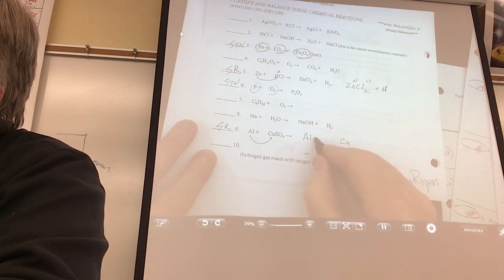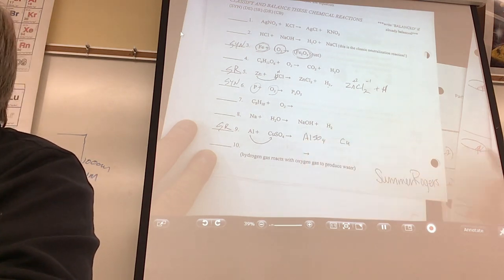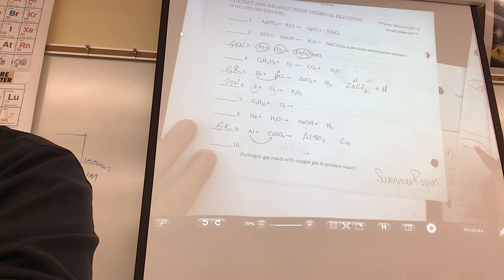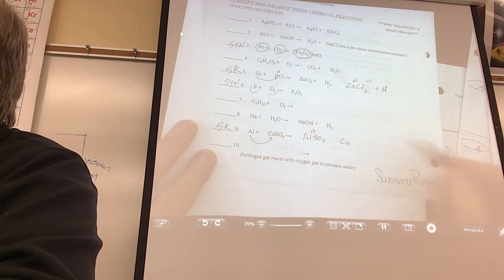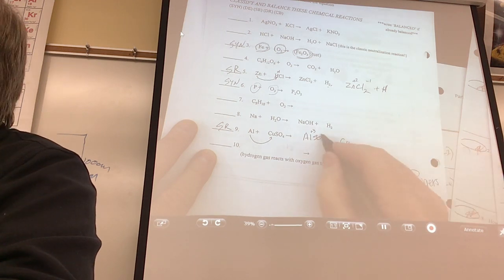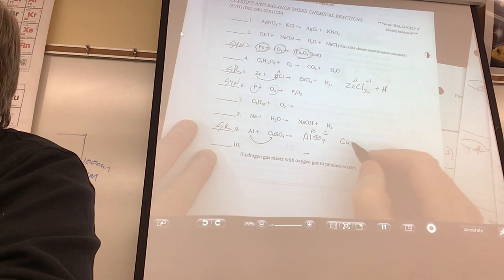And what's the other thing? Aluminum sulfate. Okay, is it like that? If it was, everybody in the world would be a chemist. And everybody would have gotten a great grade on the last test. Is this how you make aluminum sulfate? What's the charge on aluminum? It's not a plus 30. What about sulfate? Minus 2. What are you going to do about that?